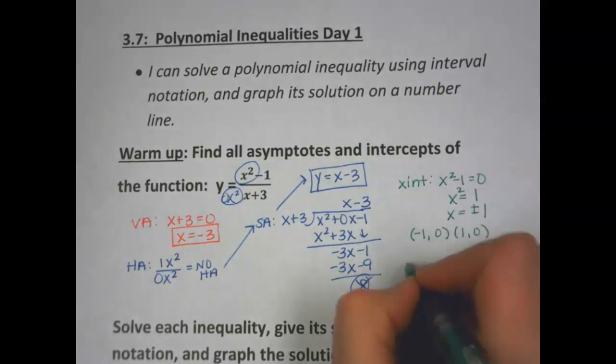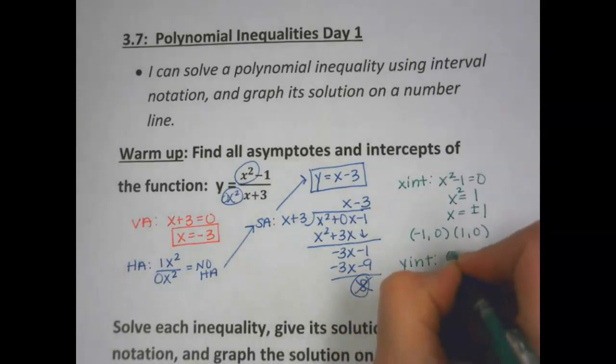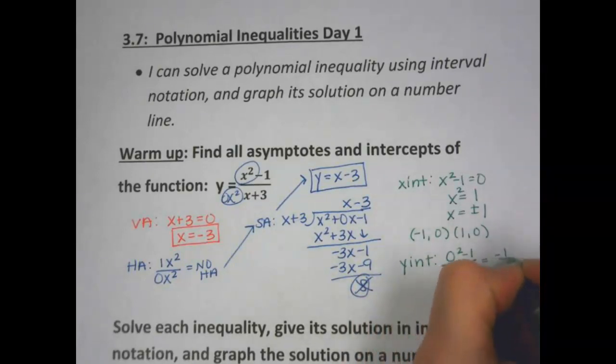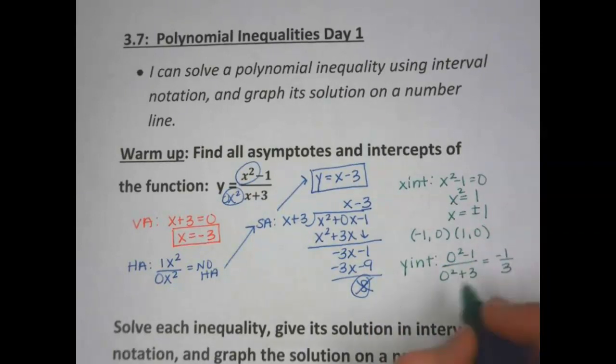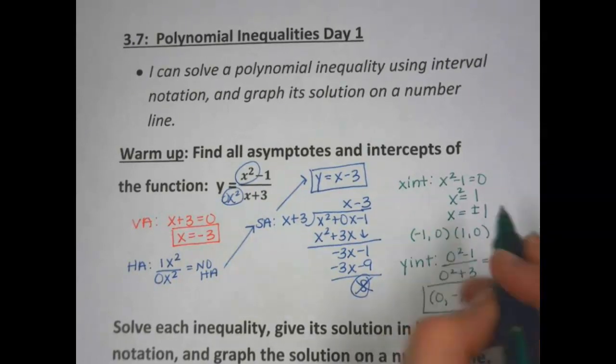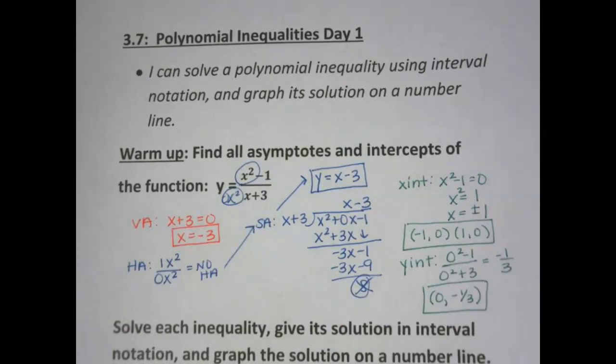And then we have our y-intercept that we find by putting zeros in for all of the x's in the equation. And that gives us, looks like negative 1/3. We also write that as a point, 0, negative 1/3. So we have 3 intercepts that we could use for graphing, and we have 2 asymptotes, a vertical and a slant.